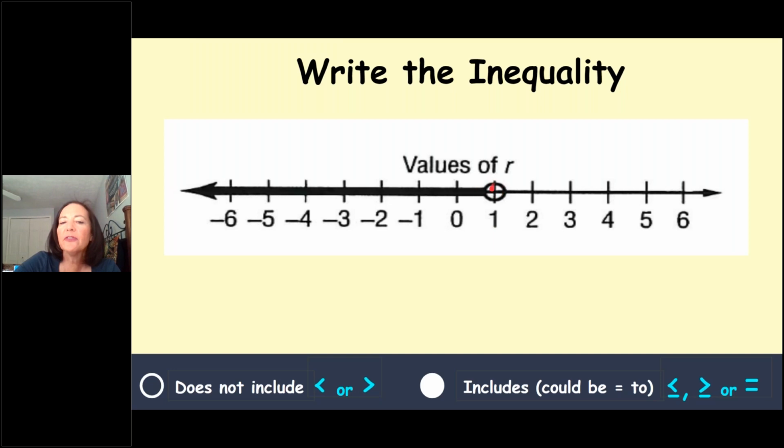Okay, so the circle is on the number 1. So we know 1 is going to be a part of our inequality. And R, the values of R are where this dark arrow is. So you would say R, and are the values of R smaller than or larger than 1, Tylisha?